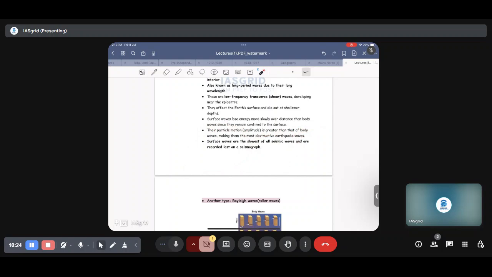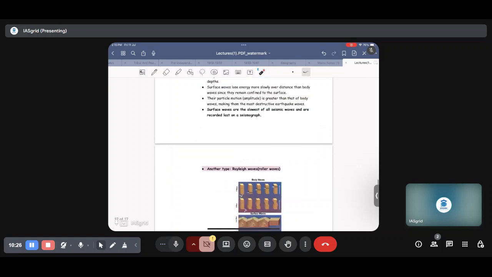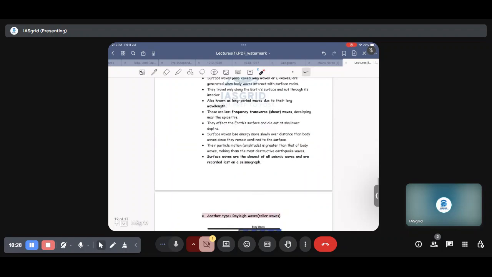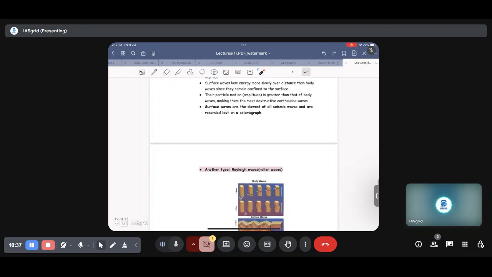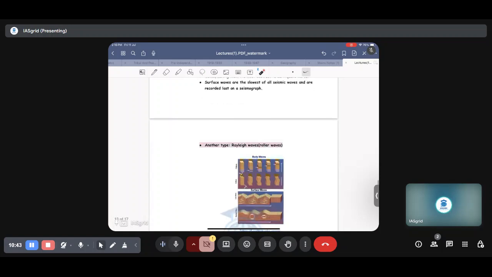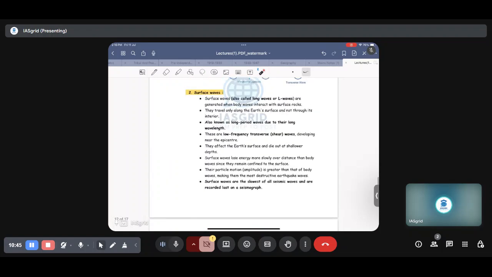Yes, surface waves are the slowest of all seismic waves and are recorded last on the seismograph. Once the body waves reach the surface, then only they'll be recorded. That's why they are recorded at last. So this is just for your information.